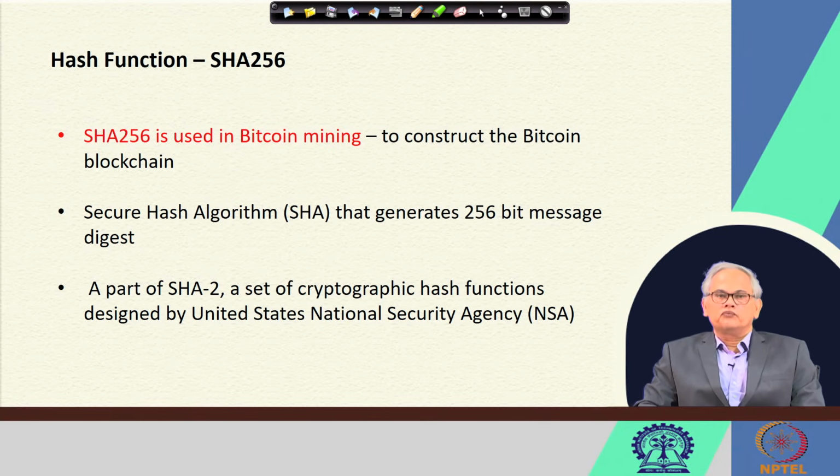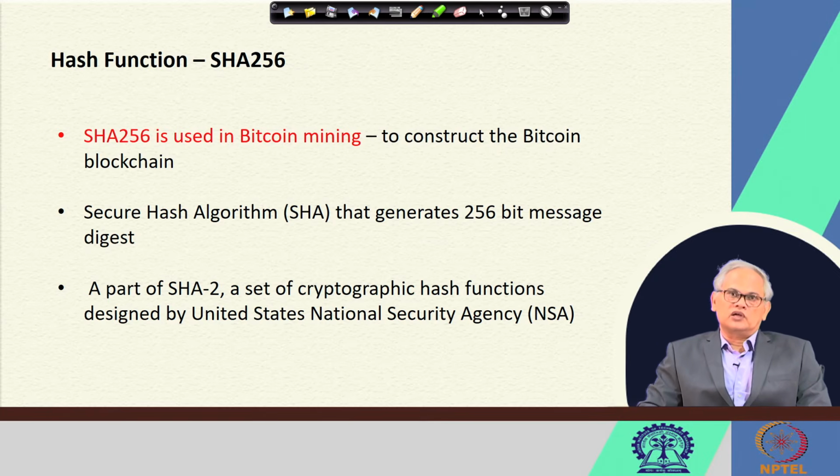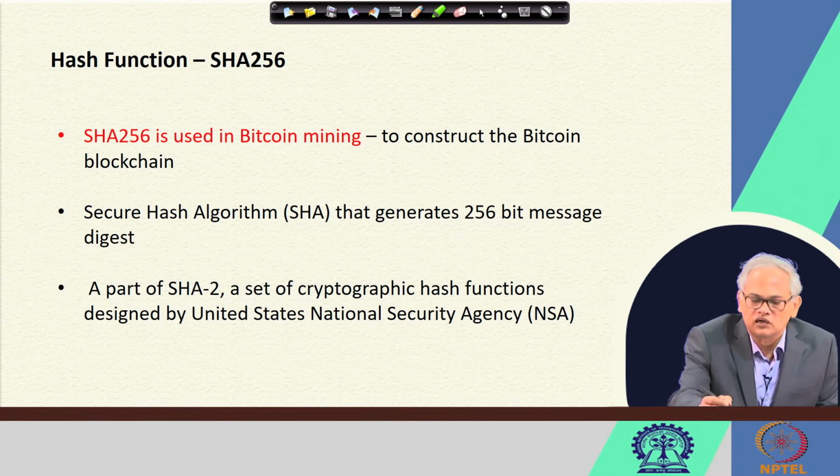So, we are now going to focus on SHA-256. SHA-256 is important because it is used in Bitcoin mining, and it is the main idea behind construction of Bitcoin blockchains. SHA of course stands for secure hash algorithms.